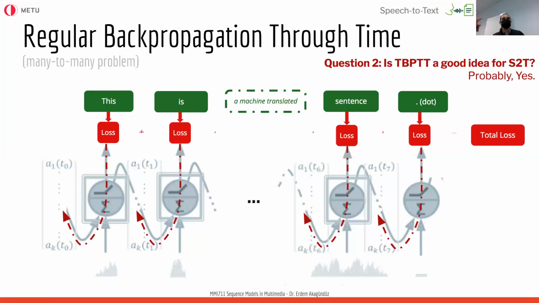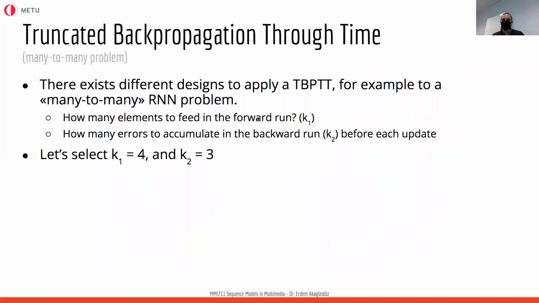Or any questions about why it is a good idea, why it is not a good idea, and what we are trying to solve? Any questions? Okay, I guess not.